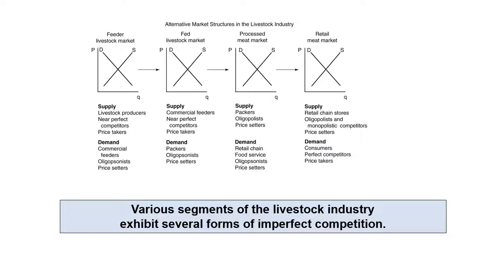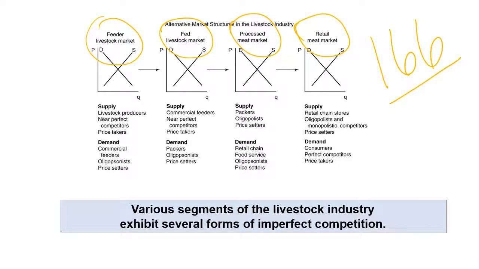We're also going to skip this diagram as well, but this is on page 166 of your textbook, if you want to look at what's going on at the different levels of market, whether they're perfect competition, oligopolists, monopolies, and so on at the different levels.